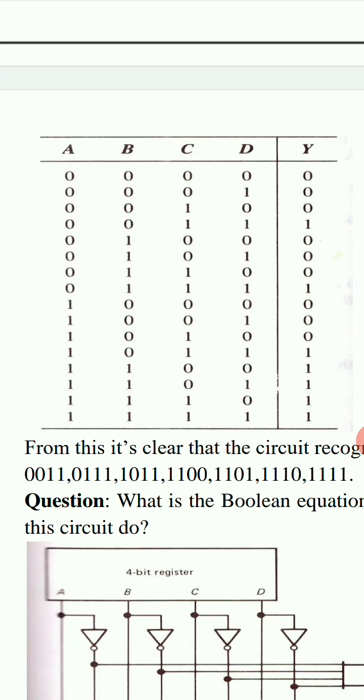and for four variables there are 16 possible words. The first one is 0, 0, 0, 0, and we increase by adding 1 to the upper number and finally reach the last word 1, 1, 1, 1.